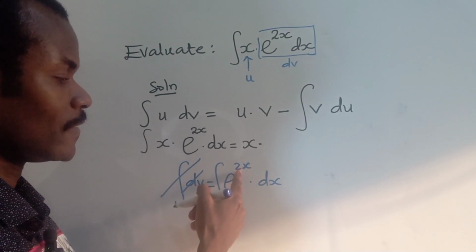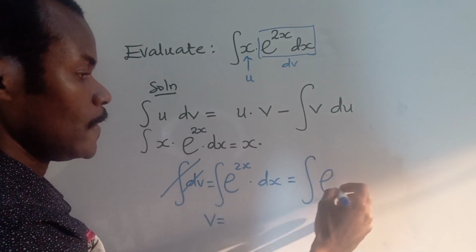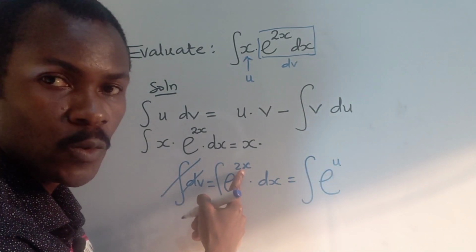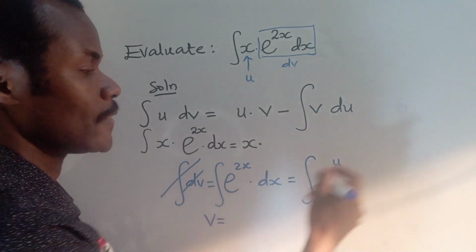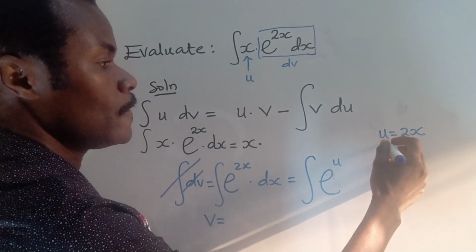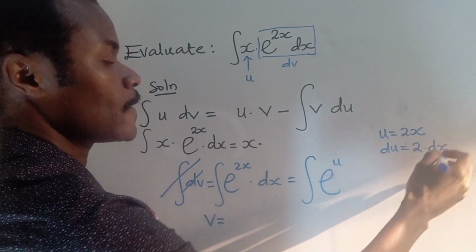Now the integral of this is simply e to the power of u. So if you make u equal to 2x, what will be our dx? If u is equal to 2x, then du is simply equal to 2 dx.